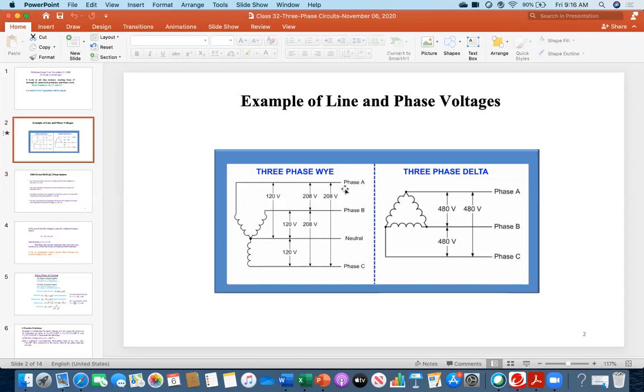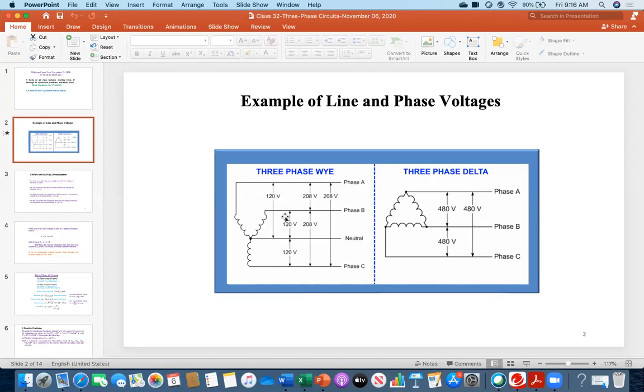Probably you remember that last class I mentioned, if you measure the current through this coil, that is called the phase current. Once you measure the current here, that is called the line current. But for the Y system, because the line and coil are in series, the same current will flow. So the conclusion is line current and phase current are the same.